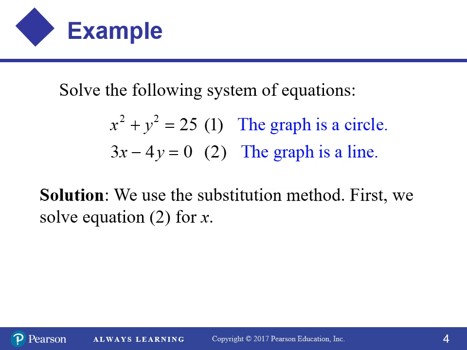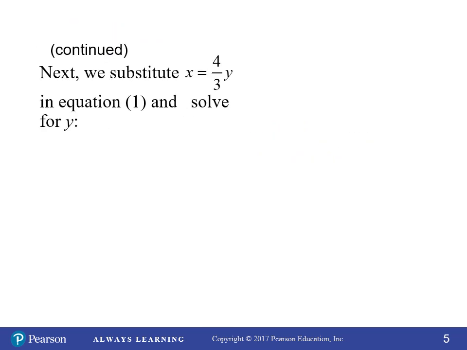First, we're going to solve equation 2 for x. So you're going to move your 4y to the other side, which makes it positive, and then divide by 3, which gives you x equals 4/3 y. Now that we know what x equals, we can substitute that into the first equation. When we replace x with 4/3 y in the first equation, we have to square it.